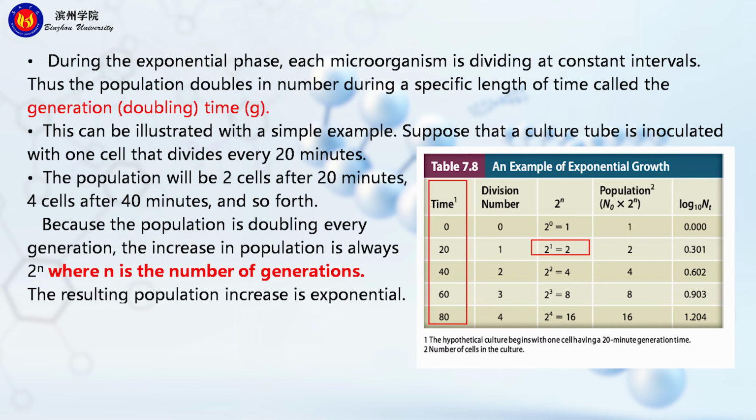Because the population is doubling every generation, the increase in population is always 2 to the nth, where n is the number of generations. The resulting population increase is exponential.